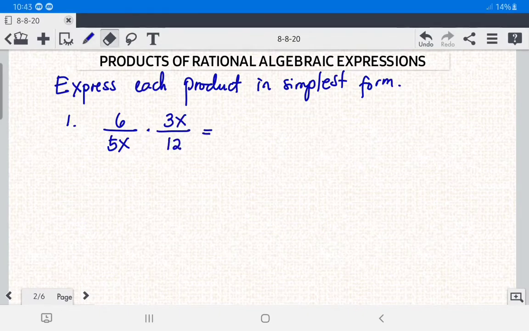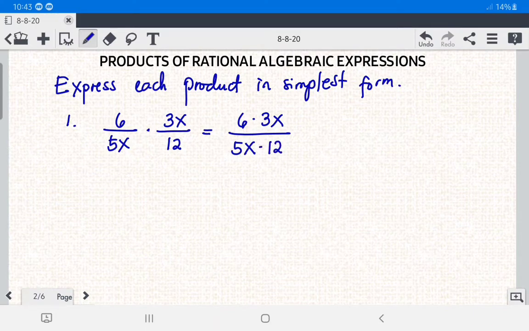12. So what you are going to do is multiply the numerators. We have 6 times 3x over 5x times 12. Next, you can make use of the dot, or you can make use of the parentheses.